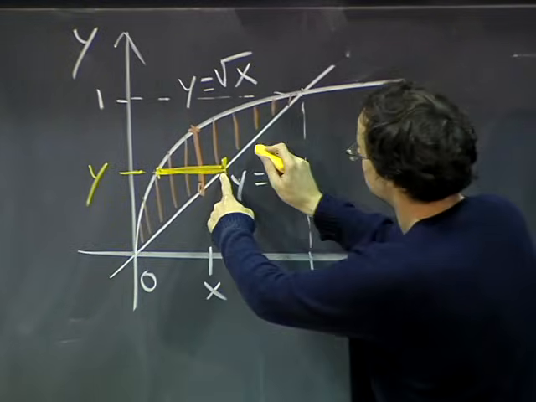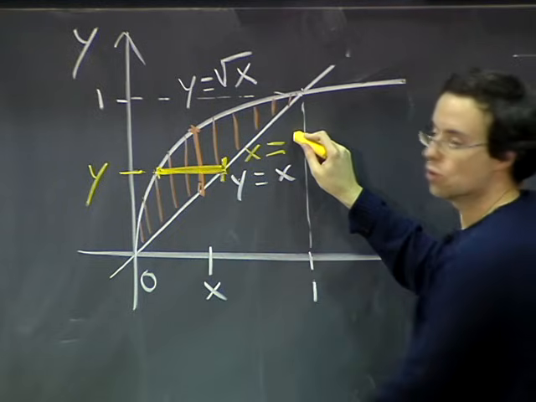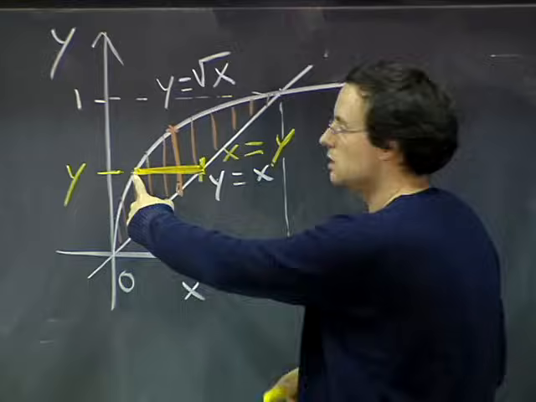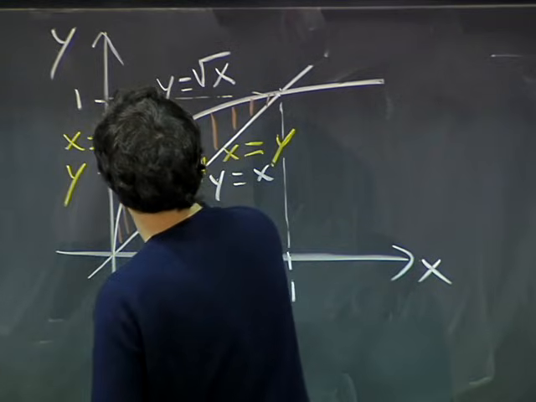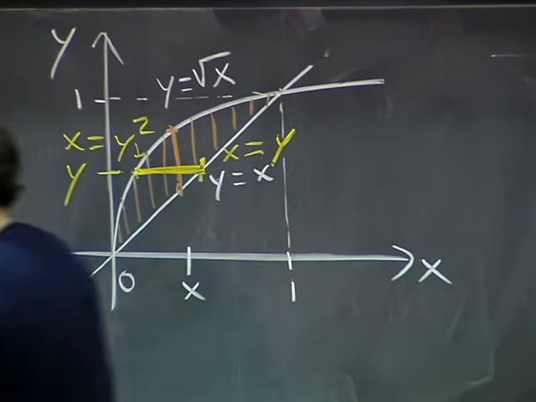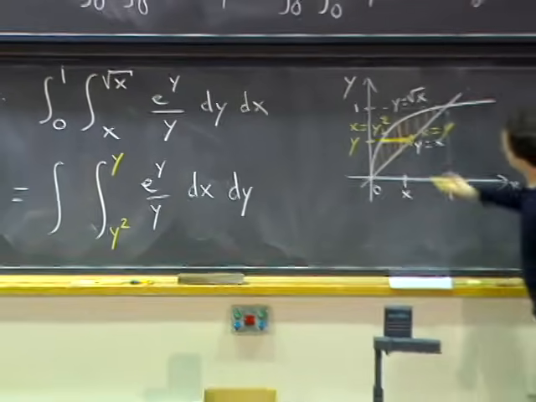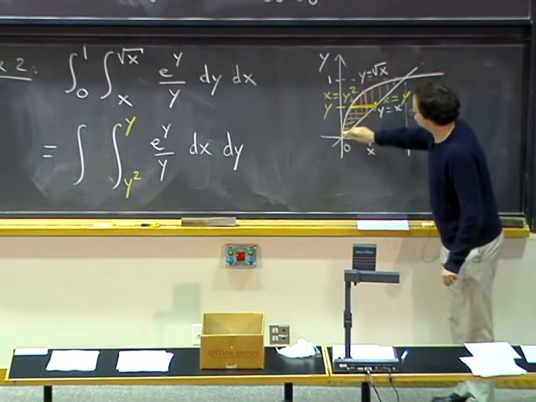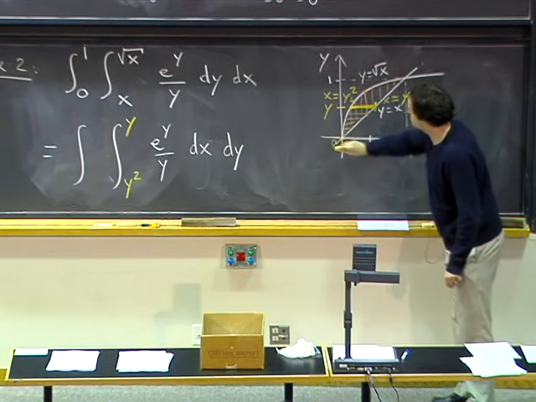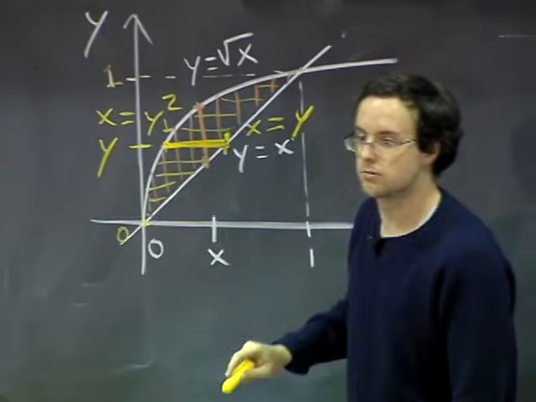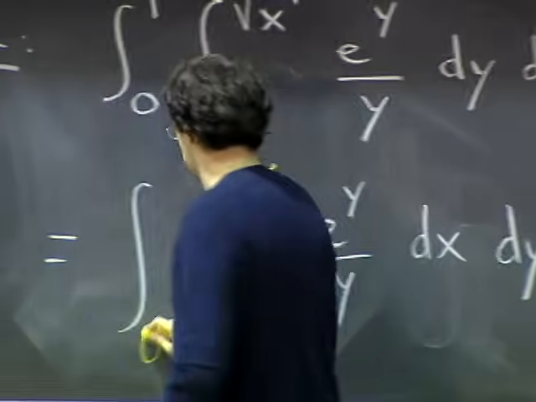Let's start with the easy one: this is x equals y. What about this one? It's x equals y squared. So x goes from y squared to y. And then what about y? I have to start at the bottom of my region, y equals 0, and go to the top, at y equals 1. So y goes from 0 to 1.